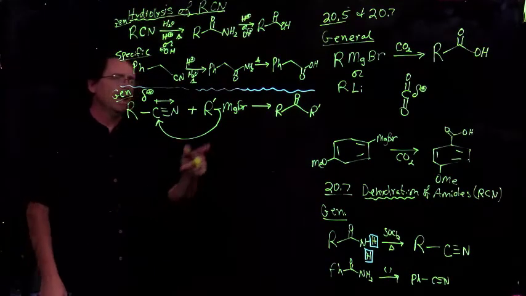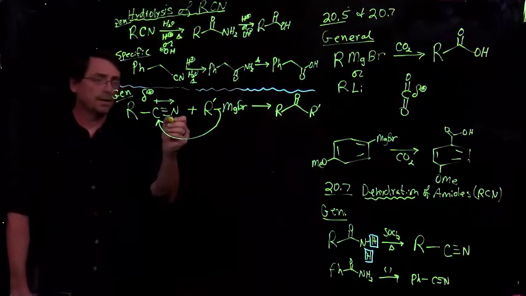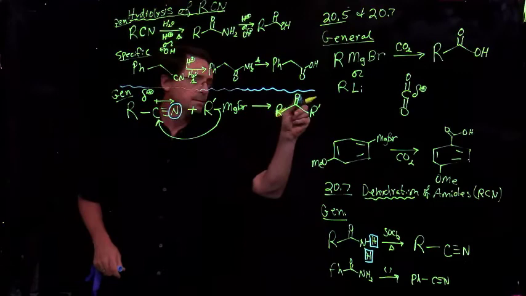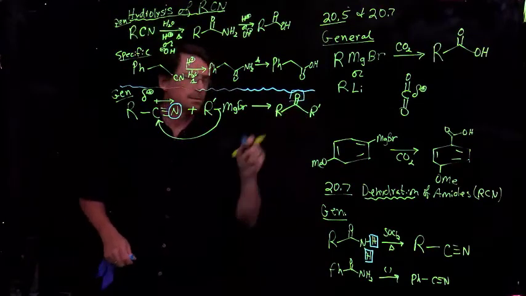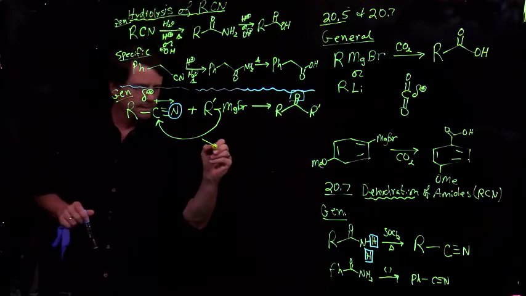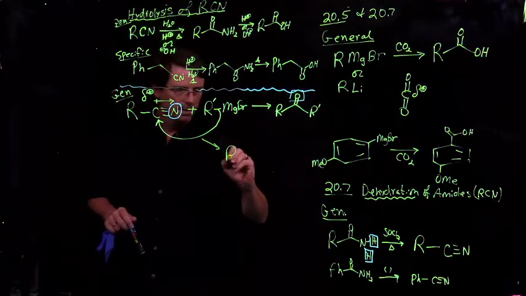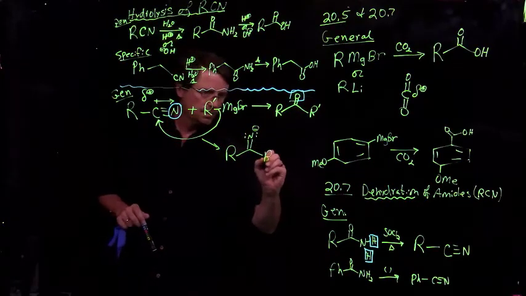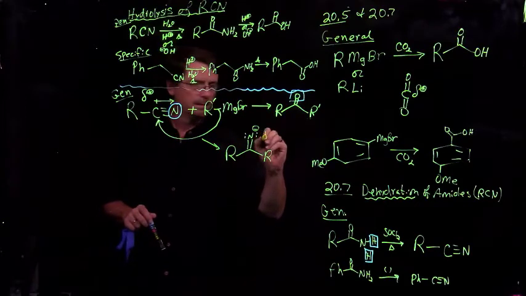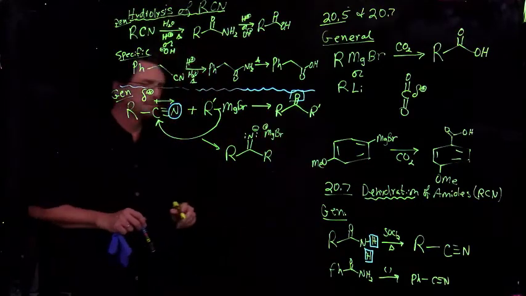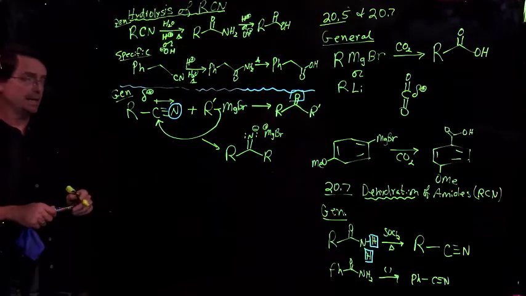All right, so how do we get at converting a nitrogen to an oxygen? Well, I put up this partial mechanism intentionally here so that you would see the initial addition is going to produce this amino-anion.